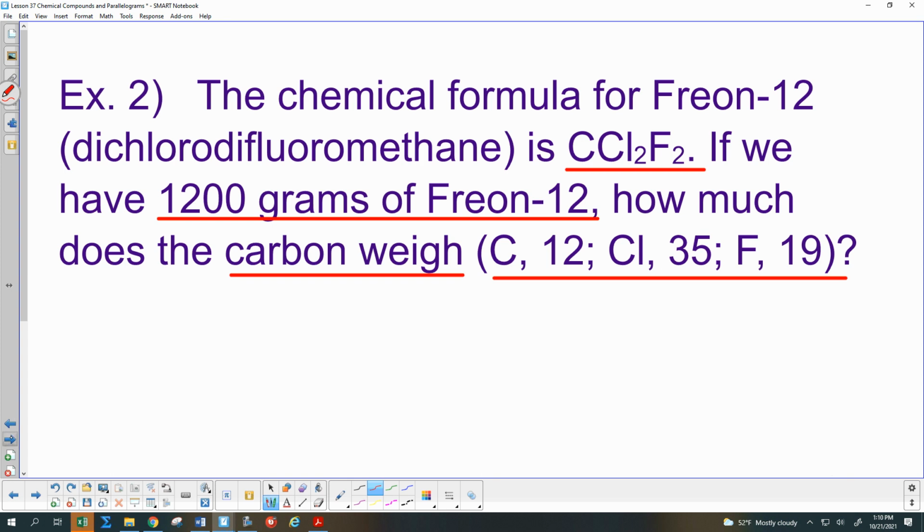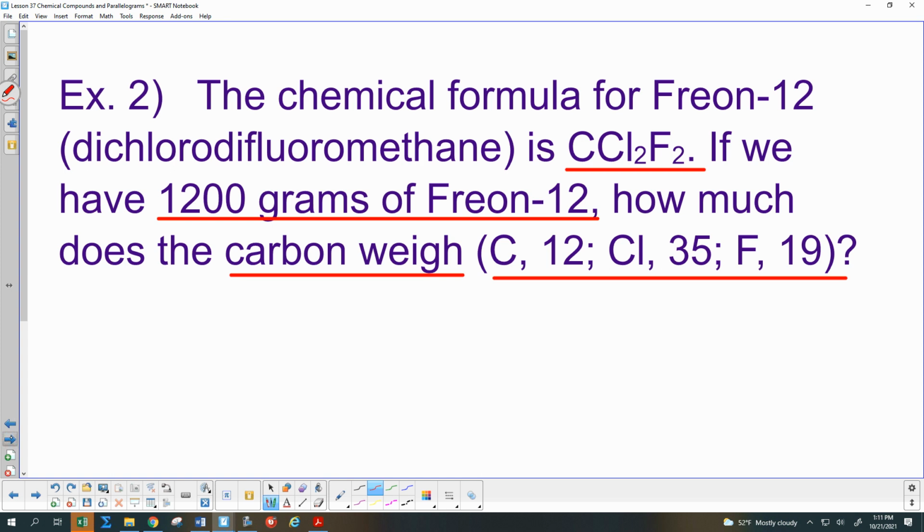Well, we really don't even care about that except that that's the total thing that we're looking at. What we care about is it's made up of CCl2F2. Now, those of you in chemistry likely know what C, Cl, and F all stand for. Those of you not in chemistry likely don't know those, and that's totally fine for math class.